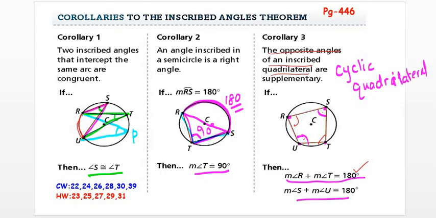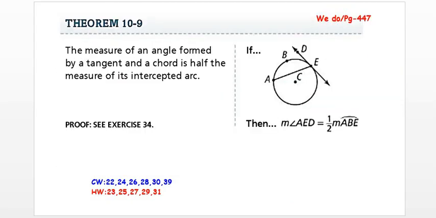Clear? Now let's solve some questions. We have another theorem, by the way. The measure of an angle formed by a tangent and a chord is half of the measure of the intercepted arc. How can you understand this theorem? For example, if you have a circle and you have a tangent.